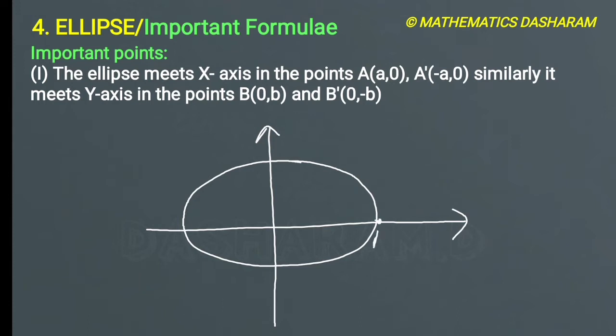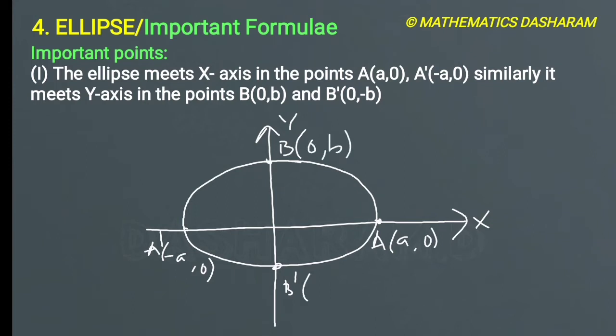Here is A, and its coordinates are a comma 0, and here is A dash, and its coordinates are minus a comma 0. Next, it meets the y-axis at two points, one is capital B, another one is capital B dash. The coordinates of B are 0 comma b and the coordinates of B dash are 0 comma minus b.